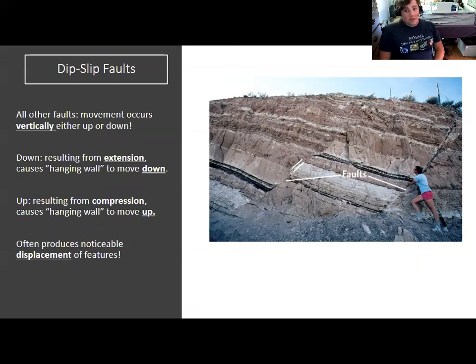And the way to figure out whether something is going up or down, whether it's a reverse fault where one side goes up or a normal fault where one side goes down, is to look at what is known as the hanging wall.